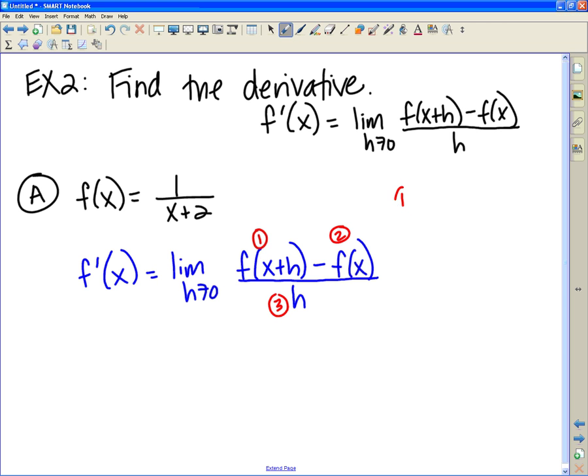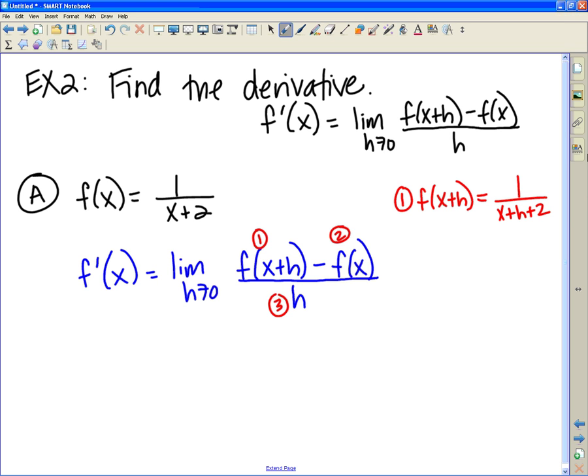Step 1 is to find f of x plus h. I know this is where people usually get stumped on quizzes and tests. Instead of 1 over x plus 2, we want 1 over x plus h plus 2. Step 2 is already found because it's right here, and step 3 is there.